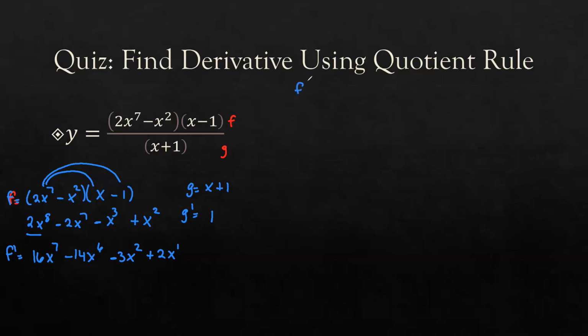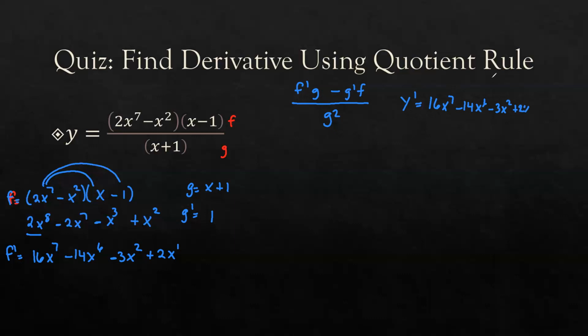So quotient rule is f prime times g minus g prime times f, all over g squared. Okay, so y prime, because that's what they want, is f prime, which is 16x^7 minus 14x^6 minus 3x squared plus 2x.